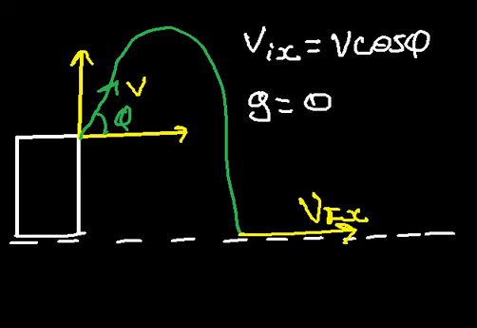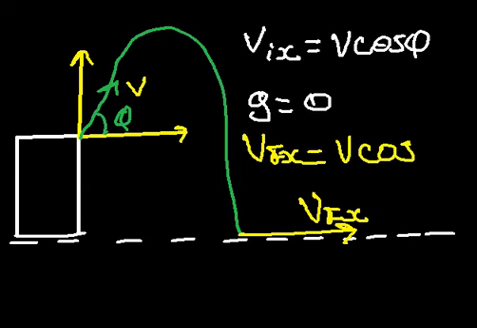So mind you, this is the typical projectile motion where the object is going to strike the ground in two dimensions. I will have the x component and also the y component as well. As the object is going to strike the ground, this will be the component along x that represents the final velocity along x. Since the object is moving at a constant speed, the final velocity vx is the same as v cos theta.